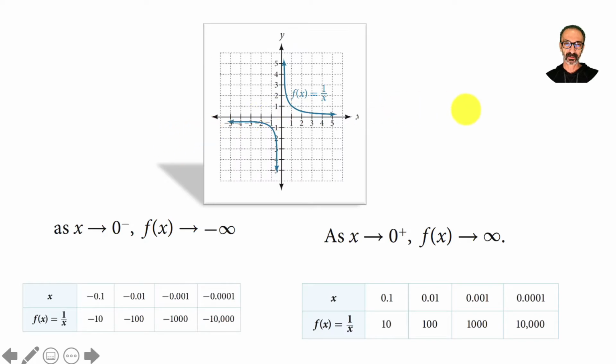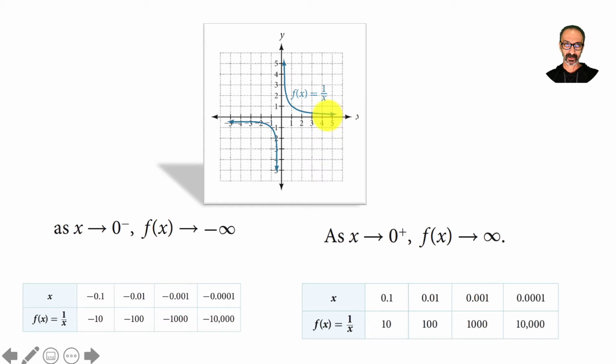Here's a quick basic or parent function, 1 over x. As x approaches 0 from the right, when you come this way, you're taking off, you're going up to infinity. Why is that?